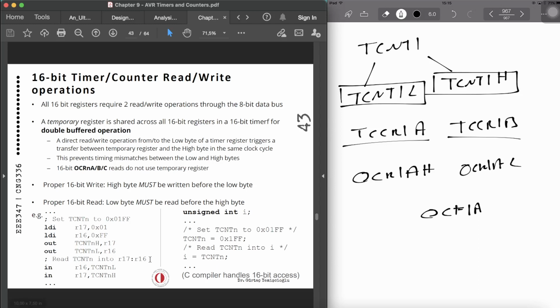When we want to read, we read the low byte first, TCNTL into R16, and then the high byte. The same thing can be done with the C compiler: TCNTN = 0x01XX, and then read it with i = TCNTN, and so on.